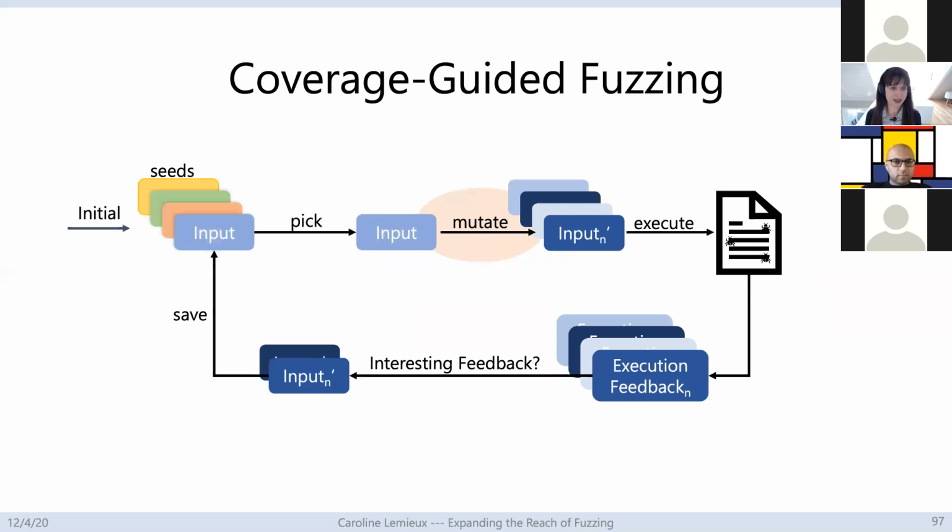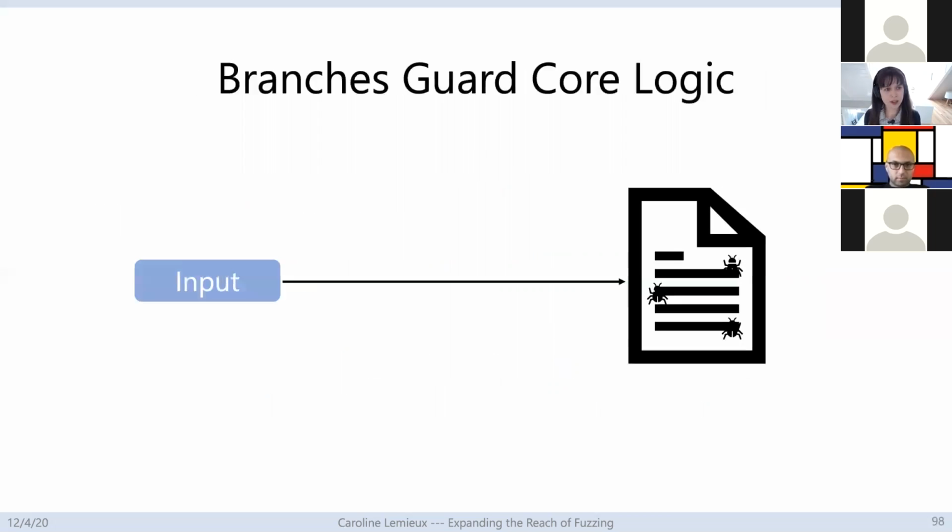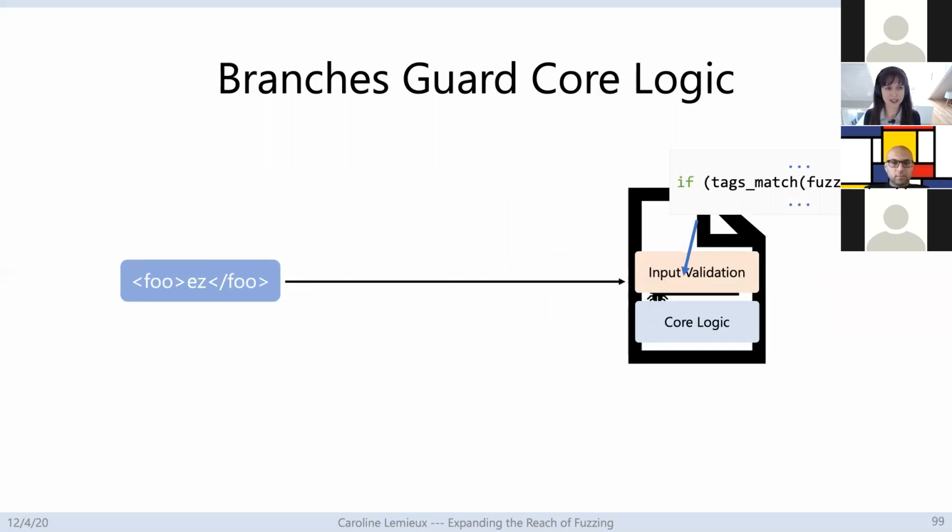And the reason for this, which I've mentioned before, is because of how we generate new inputs, which is via byte level mutations. So for example, say you're fuzzing a program that takes in inputs that are XML. I'm going to use the XML example throughout the talk to keep it simple.